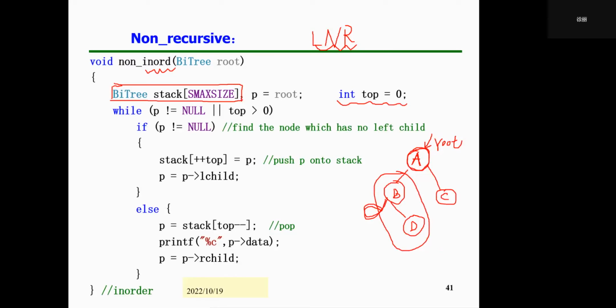So we can visit B. If B has a left subtree, we can't visit B because we need to visit all the nodes in the left subtree first, right? Do you understand? That's very important in binary tree. Yeah, that's right. Okay.